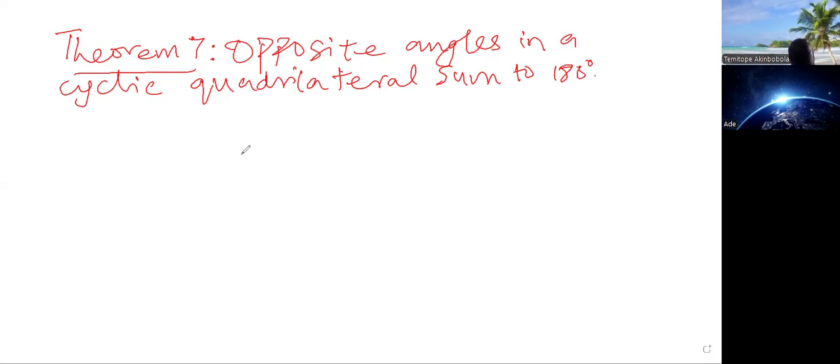That's theorem 7. Opposite angles in a cyclic quadrilateral sum to 180 degrees.